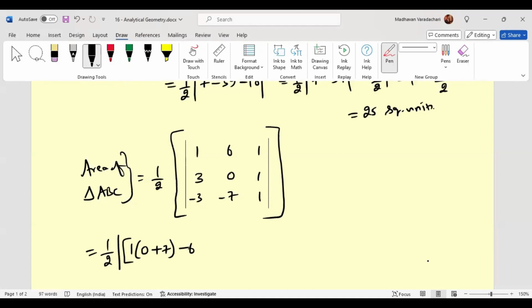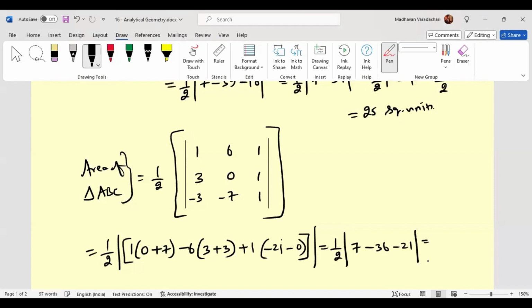We are expanding it through the first row. Minus 6 times 3 minus minus 3, so it is plus 3, plus 1 times minus 21, minus 0. Close the modulus. This will be half times modulus of 1 into 7, it becomes 7. This is 6 into 6, minus 36, minus 21.